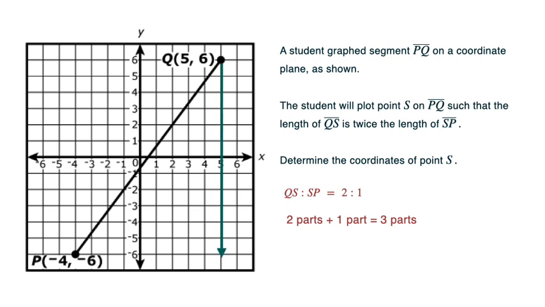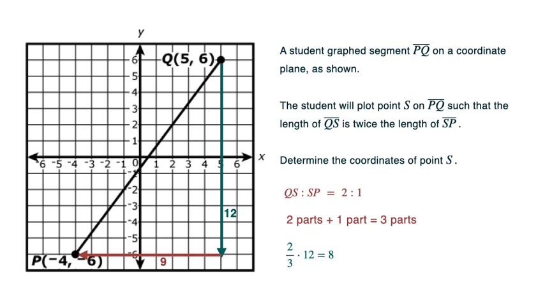And it's a good idea to determine the vertical distance between the endpoints, and that's going to be 12. And the horizontal distance between the endpoints is going to be 9. And now that we've done that, we can figure out, starting at point Q, how far down should I go by finding 2/3 of that vertical distance of 12, and that's 8 units down.